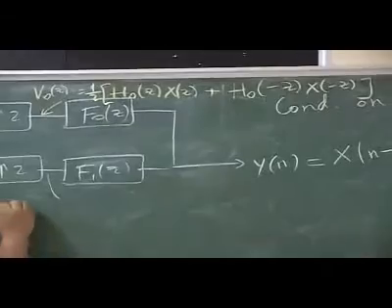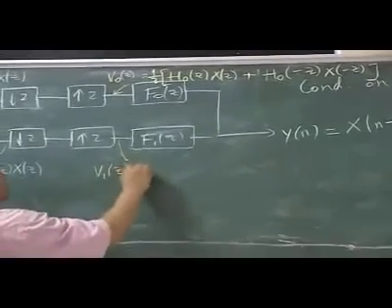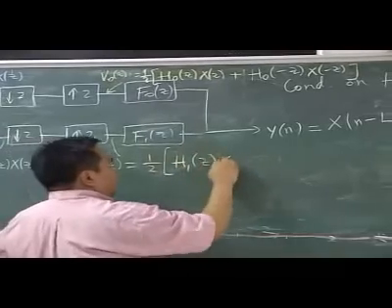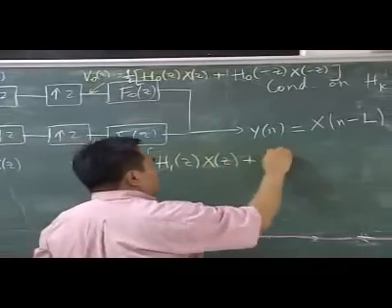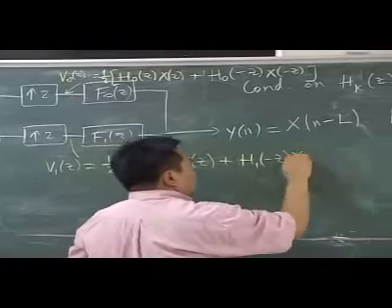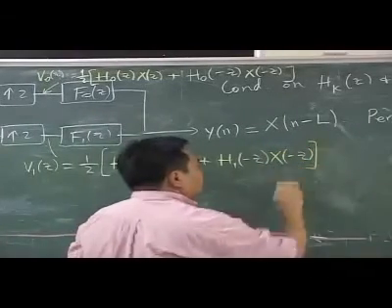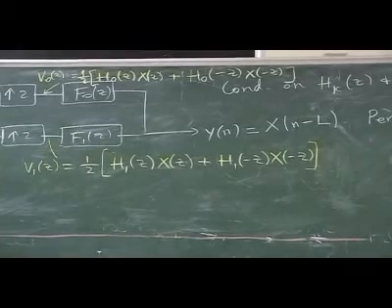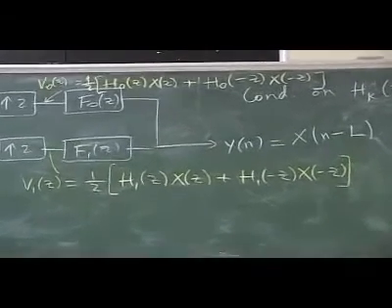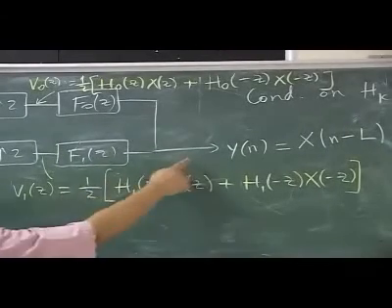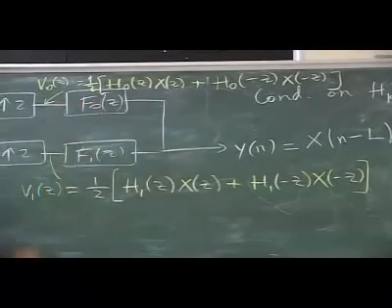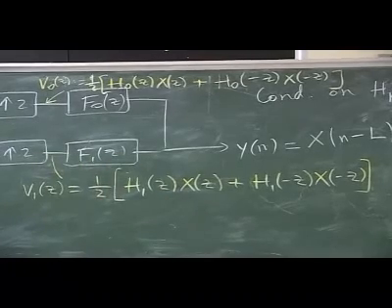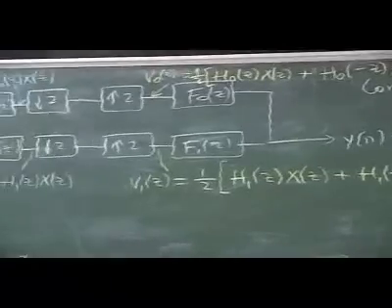So V1 of Z is 1/2 H1 of Z, X of Z plus H1 of minus Z, X of minus Z. The output is the product of F0 with that quantity plus F1 with that quantity. I will combine them all together into a big form Y of Z.